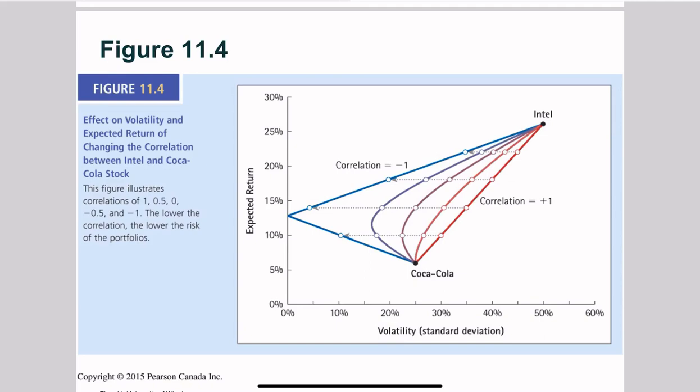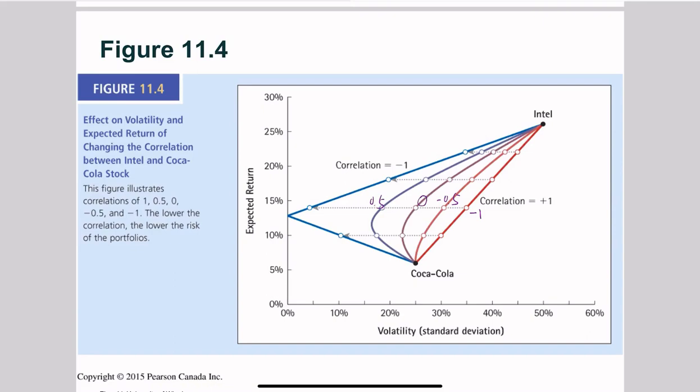So here we have -1 correlation, and this one is... okay, I'll write it here. So we have -1 correlation. So this curve has -0.5, and this one is about 0 correlation, and this one is 0.5.